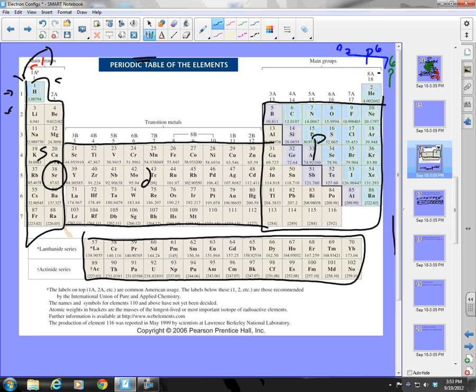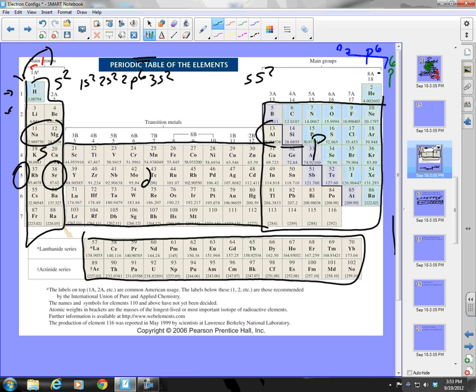It is under an S2, and it is what period? 5, so it's going to end as 5s2. Are you ready? Here's how it begins. 1s2, 2s2, 2p6, right? 3s2, here's my 3s2.